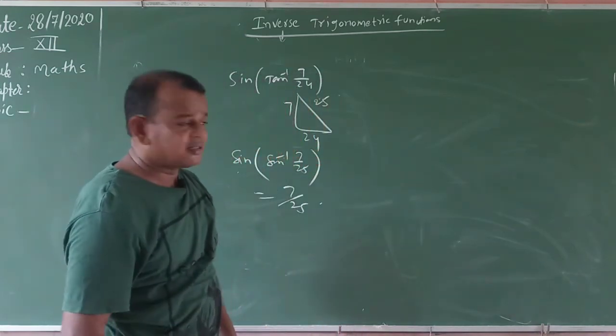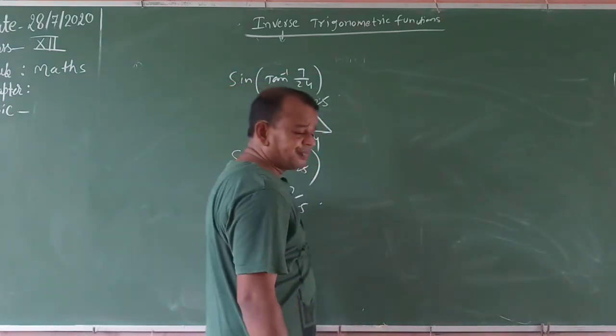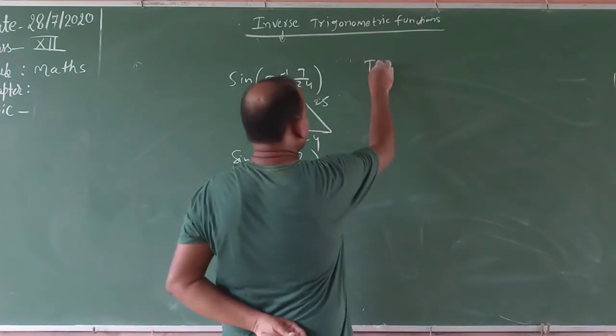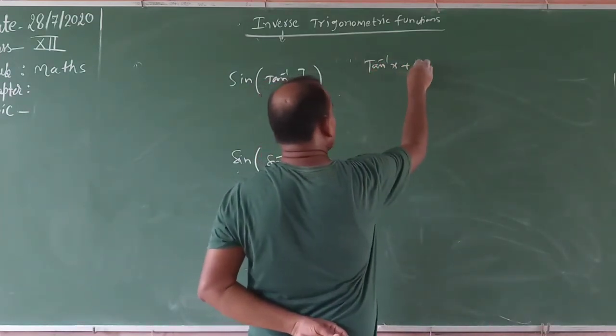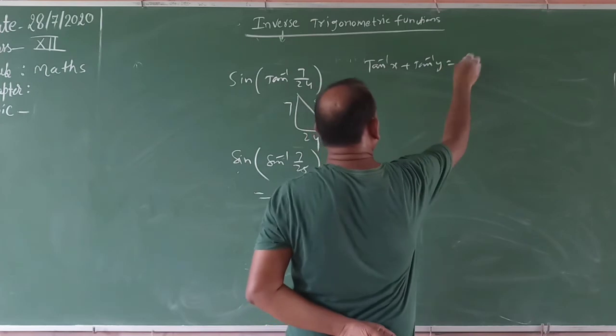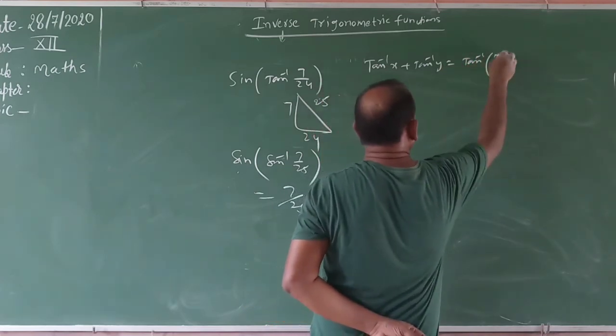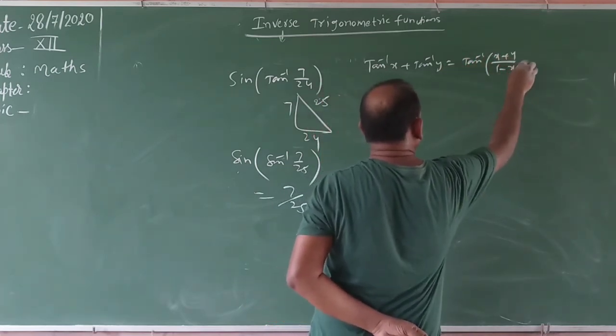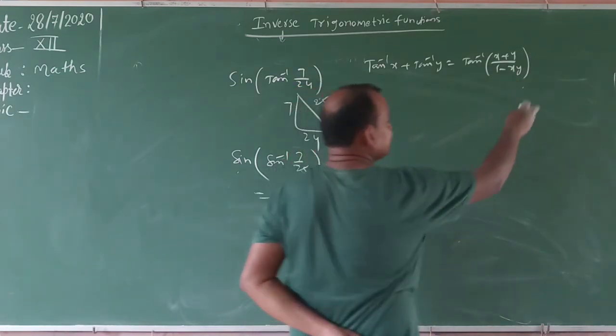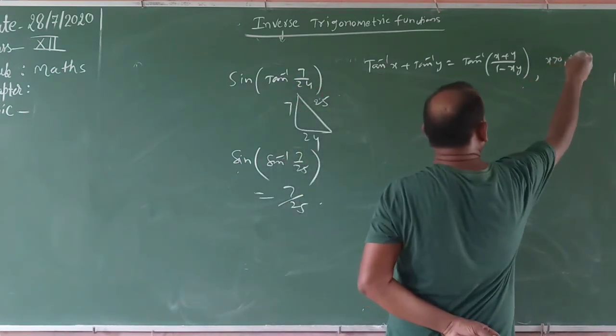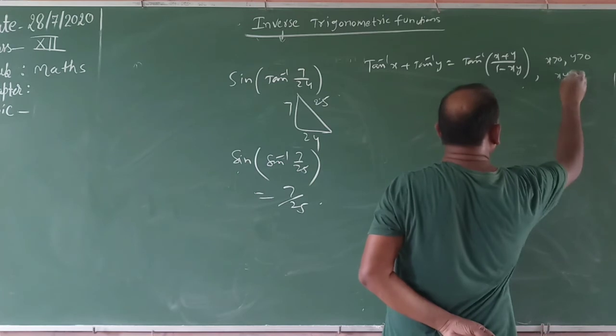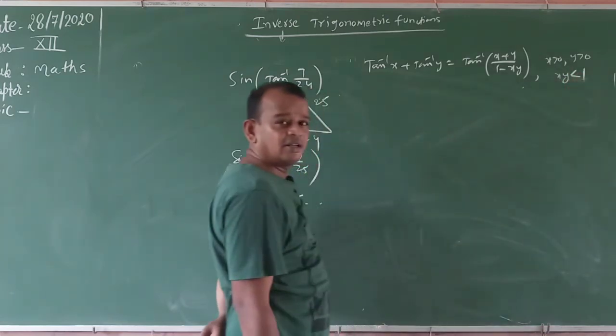Next, some properties on inverse trigonometry. Tan inverse x plus tan inverse y is equal to tan inverse of x plus y by 1 minus xy, where, listen carefully, x is positive, y is positive, and x into y is less than 1.